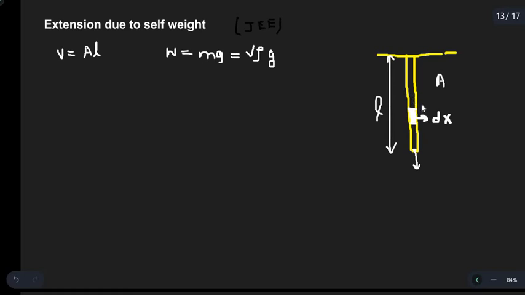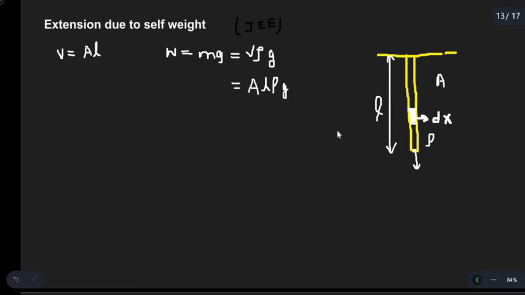Let's say this rod's density is uniform and it's denoted by rho. In some books it is given as d, but let's consider it as rho. Volume is area of cross section into the length of the rod, so weight is A L rho g.